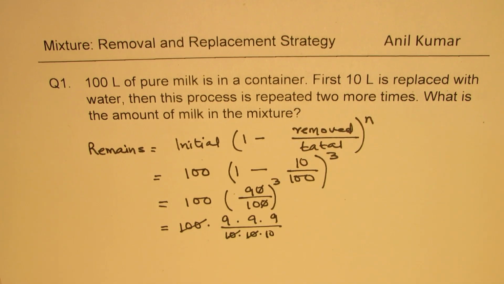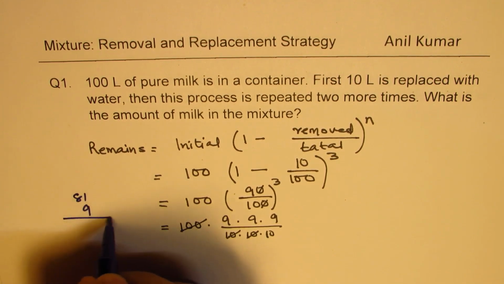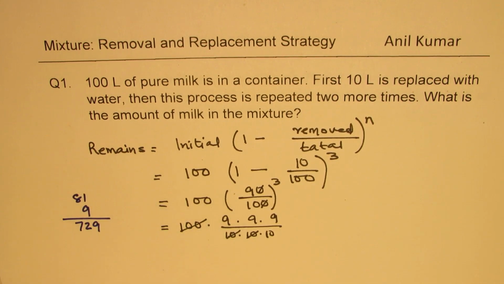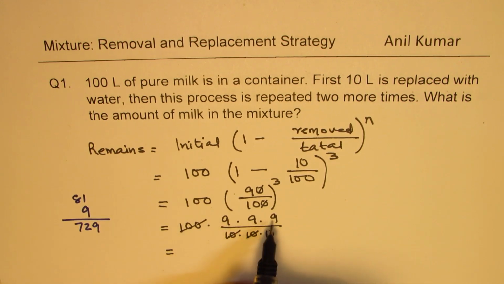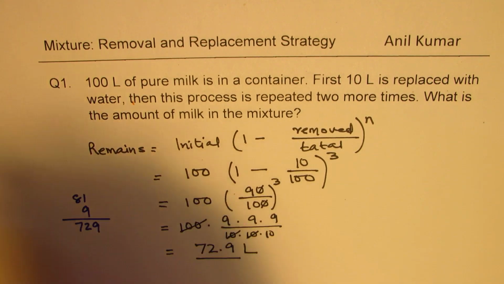Some of you will also know what the cube is. So 81 times 9: 9 times 1 is 9, 9 times 8 is 72, so 729 is a number which many students at this stage remember. So 9 cubed is 729 divided by 10 gives us 72.9. So 72.9 liters is what remains, correct?